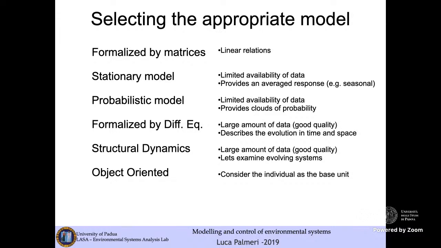Of course, this is often not enough, especially when you're dealing with complex environmental systems. Then the second question that may drive the selection of model is, am I happy to introduce into my model some kind of stationarity, a stationary model? This is typically the case in which you find yourself if there is a limited availability of data.